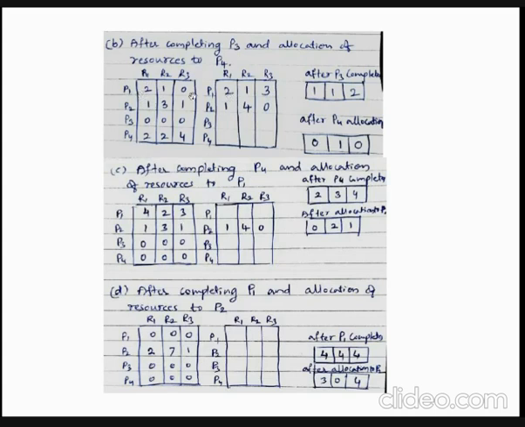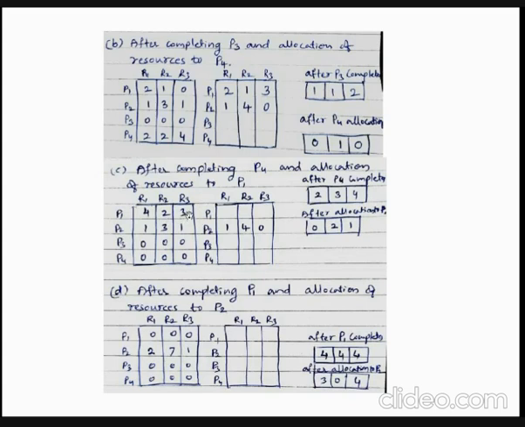That's why 2 plus 2, 4 we get. 1 plus 1 we get 2. Then 0 plus 3 we get 3. Now the allocated resource matrix for P1 is updated as 4, 2, 3.